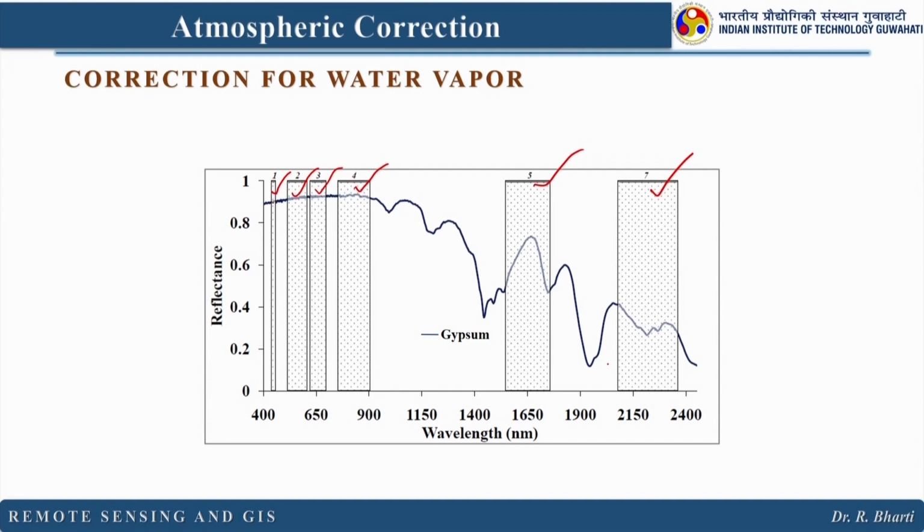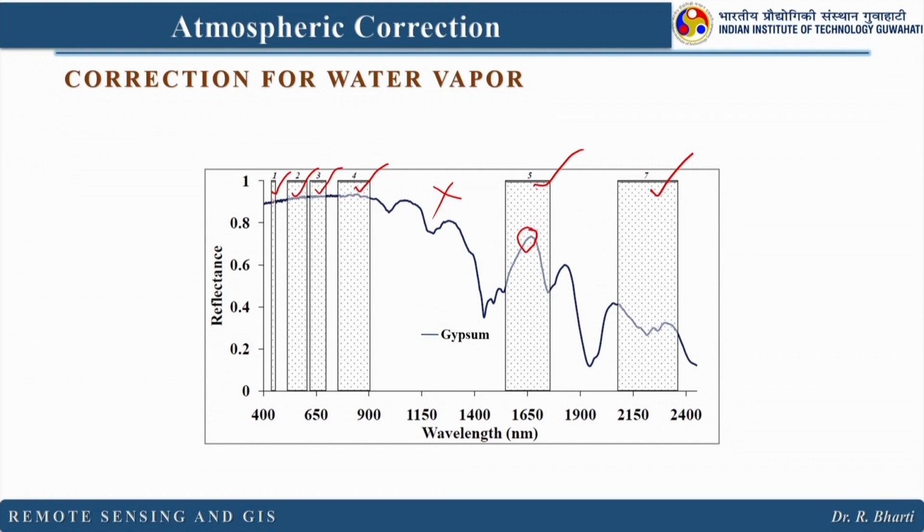And you can see there are many features which are not covered by this particular sensor. Why? Because that sensor does not have any band in this particular wavelength region. So, you can only study those information which are available in this particular bands.